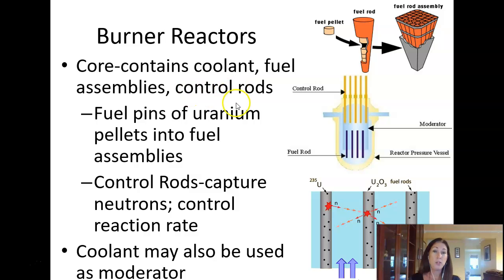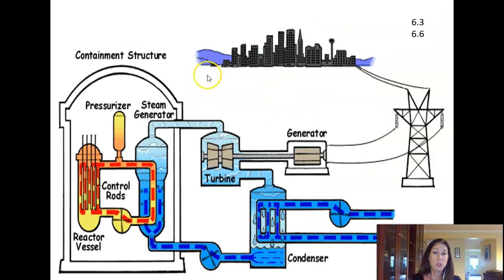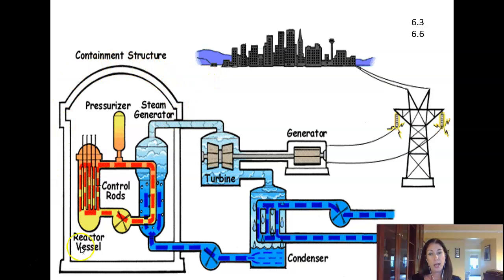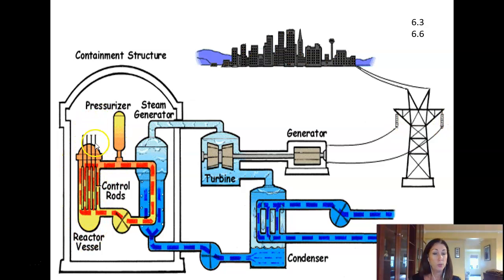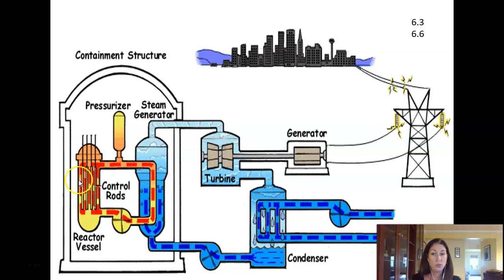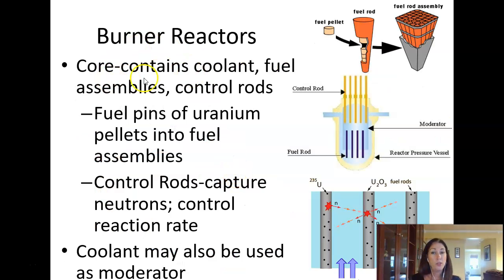Now, when we make nuclear power, let's go through the parts. What I want to take a look at is what's going on here in this main general building. So we'll focus on this reactor vessel right here. This is the core of a nuclear power plant. Within the core, you have multiple items.